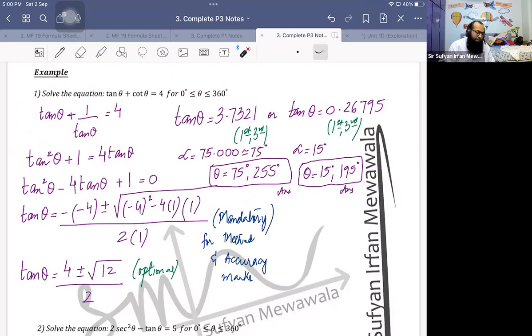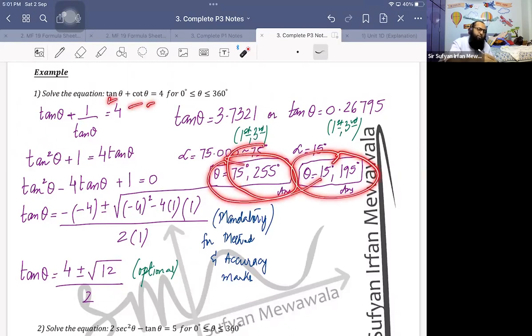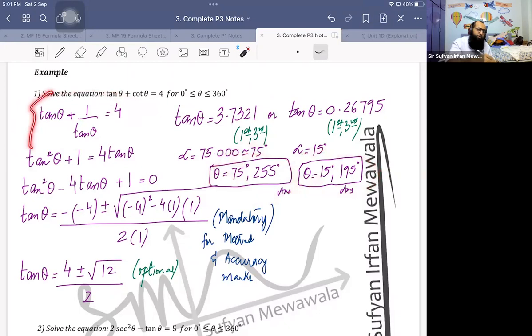If you press 75, you're going to get 4. If you write 255, you're going to get 4. If you write 15, then also you'll get 4. If you write 195, then also you get 4. So basically, all these 4 values of theta will satisfy this equation, and every time you put theta in this equation, you'll get 4 for all the 4 values.